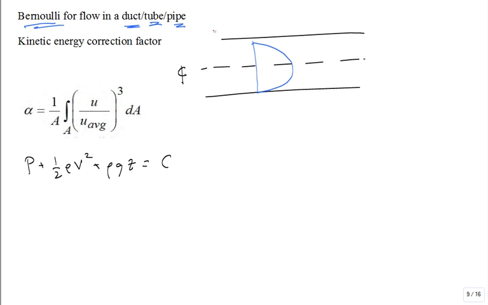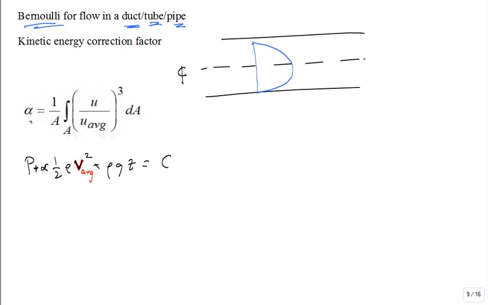Well, what we find is we want to use our average speed right here. Well, there's a kinetic energy correction factor, alpha, which you'll see in some textbooks and in this textbook, to adjust for the fact that the net kinetic energy flow rate isn't equal to just 1/2 rho V average squared.